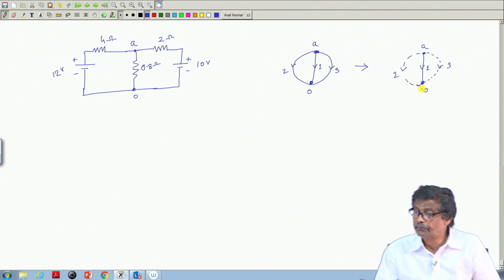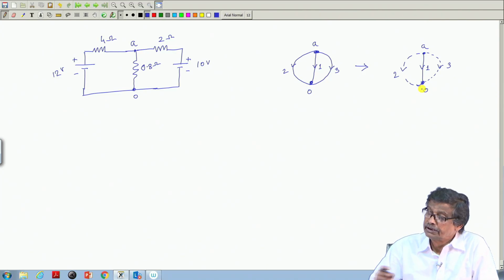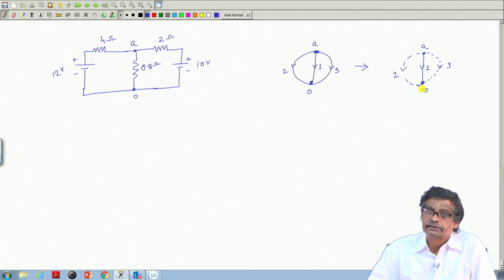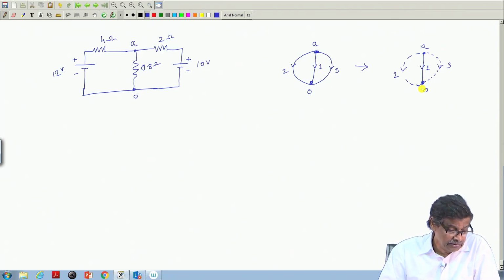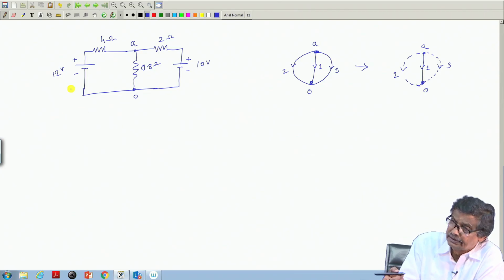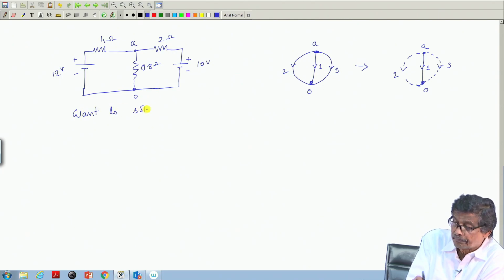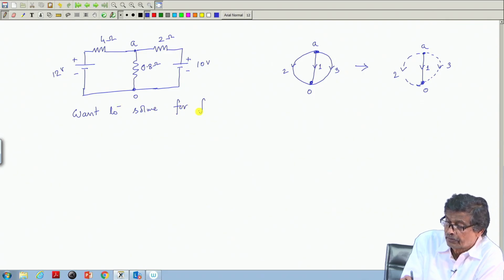Now, suppose I want to calculate the fundamental loop currents for this network. So, I have to form the B matrix. So, it is loop current first, B matrix. I want to solve for fundamental loop currents.